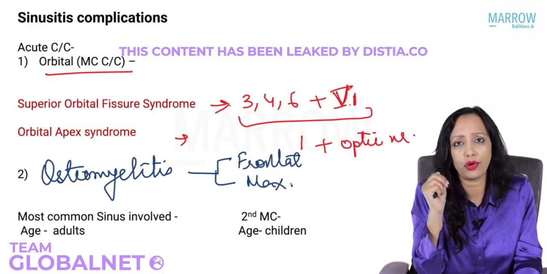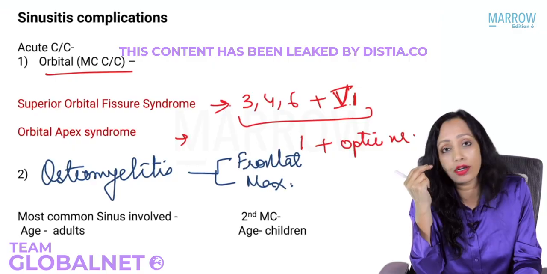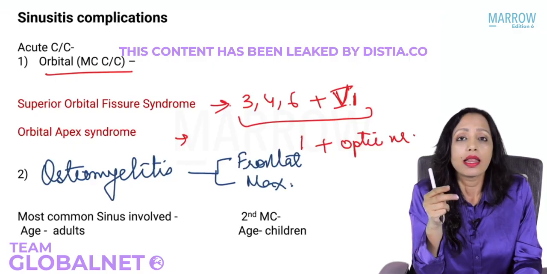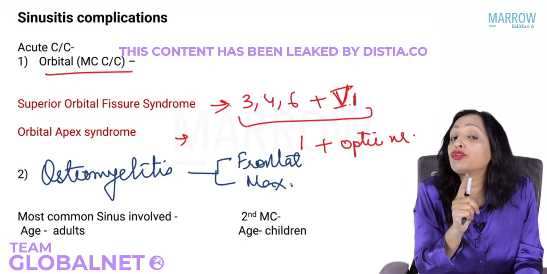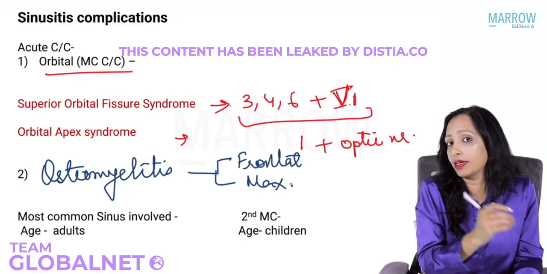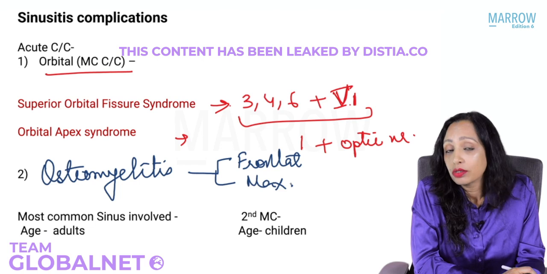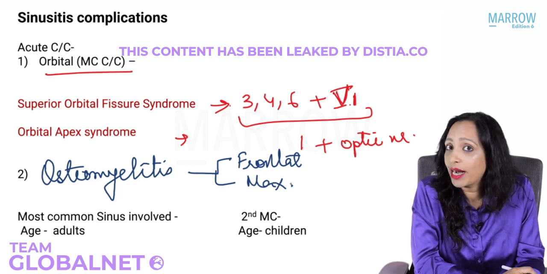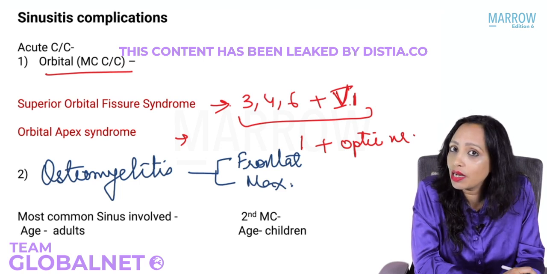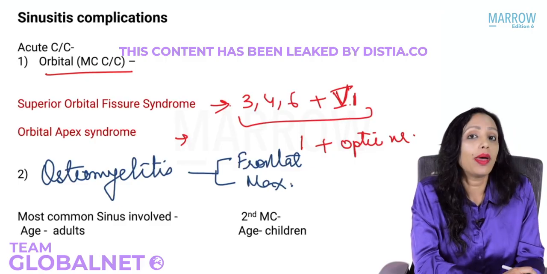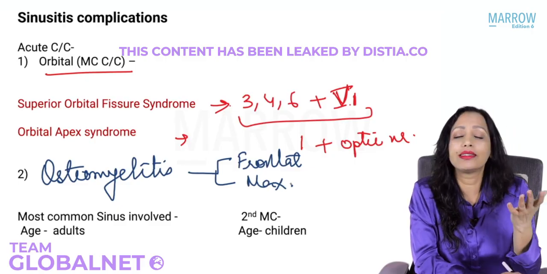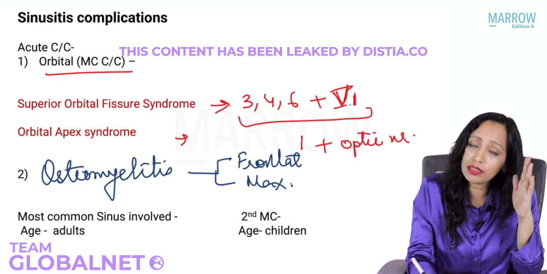You will tell me that in children which will be more common, frontal or maxillary osteomyelitis. Which is the last to develop? Yes, frontal. So in children, if we see osteomyelitis, it will be mostly a maxillary osteomyelitis. Whereas in adults, that will be a frontal osteomyelitis more commonly.